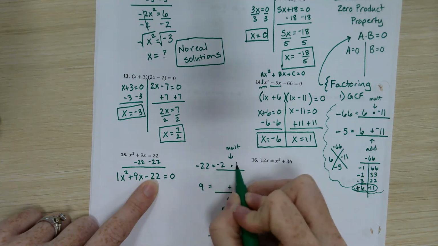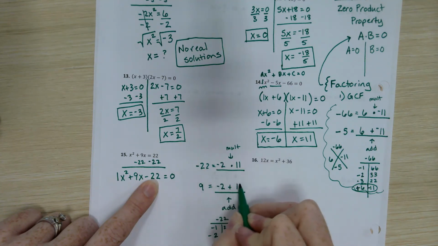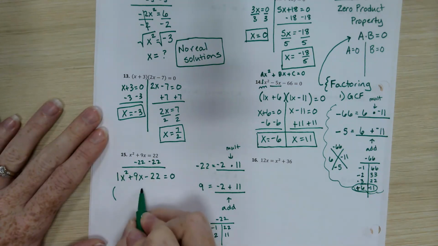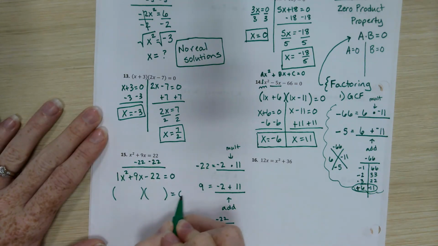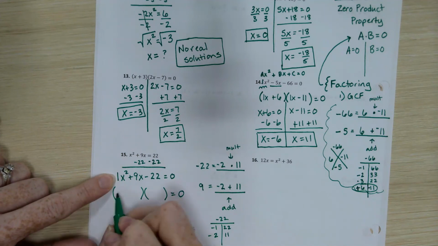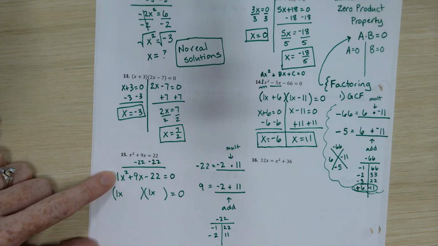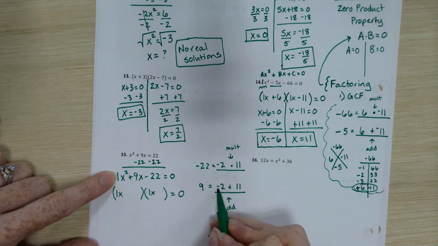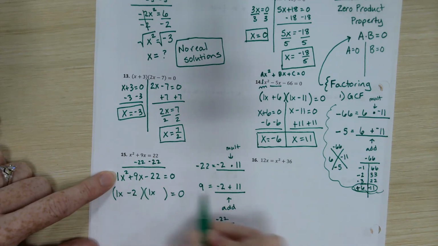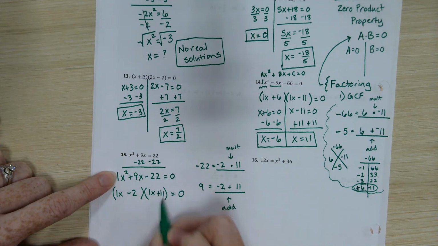So my factors are negative 2 and positive 11, which means my binomials, I have a 1x squared, so 1x and 1x. You don't have to write the 1 if you don't want to, but I'm just trying to be clear about what's happening. And then negative 2, minus 2, positive 11, plus 11.